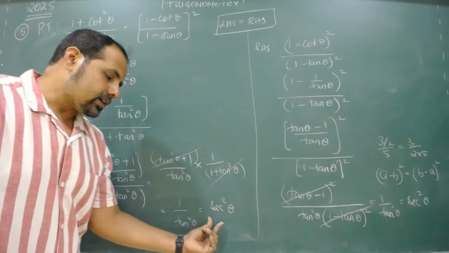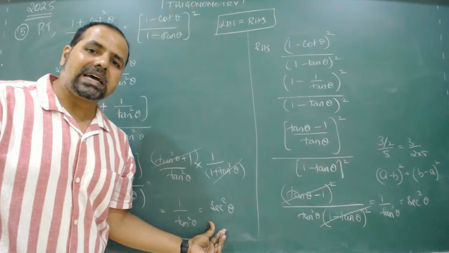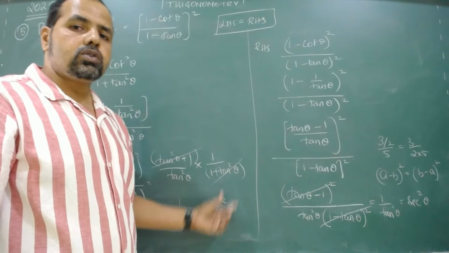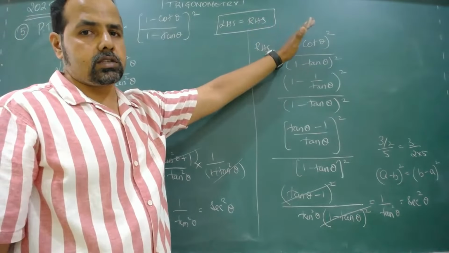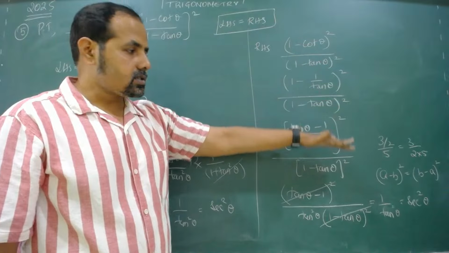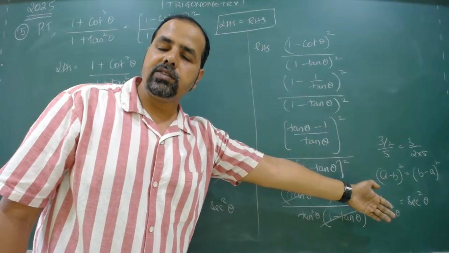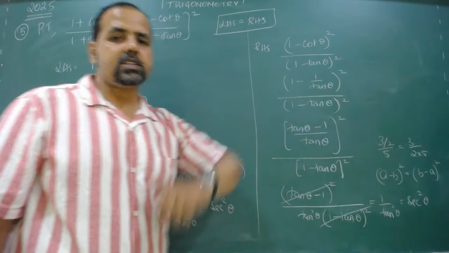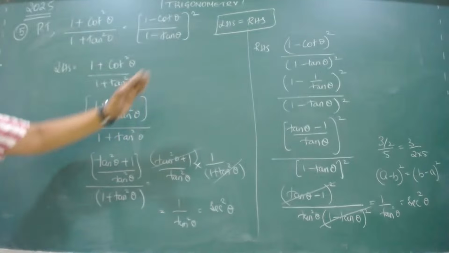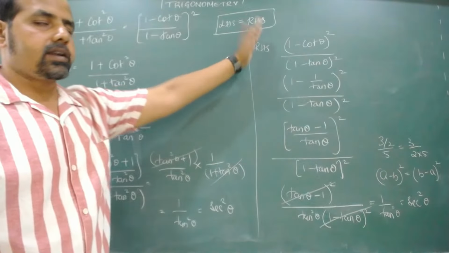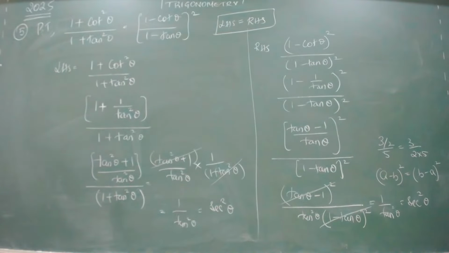I rather got cot square theta, which indirectly says you to simplify even the RHS. On simplifying the RHS, I observed that even the RHS turns out to be cot square theta. Therefore, I can say that left hand side and right hand side both are equal. Please make note.